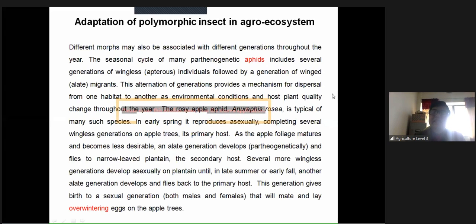This way, on the secondary host, they can continue their generations, sexual and asexual both, and this way the aphid overwinters, or the aphids adapt in the agro ecosystem. Clear?